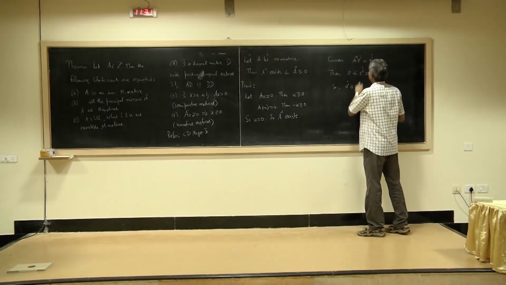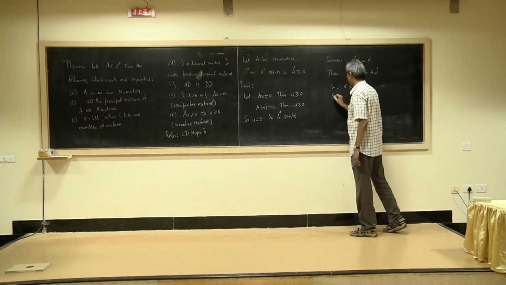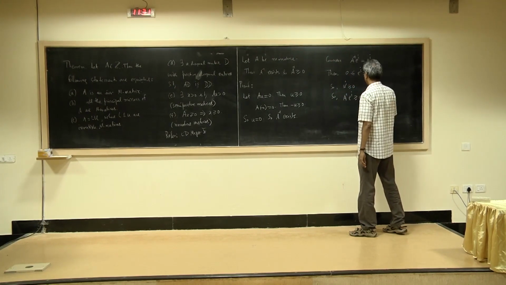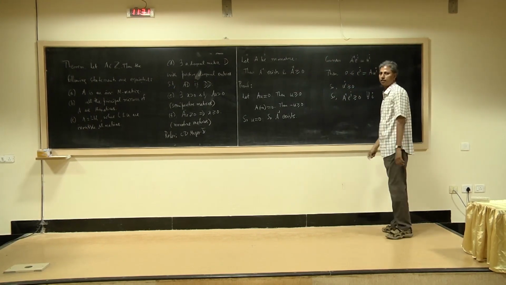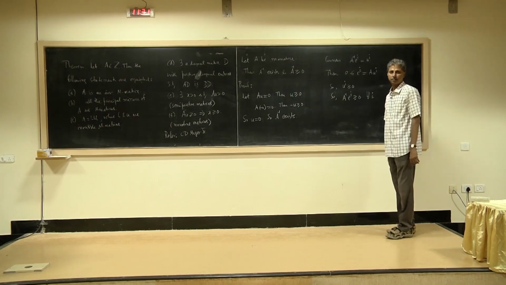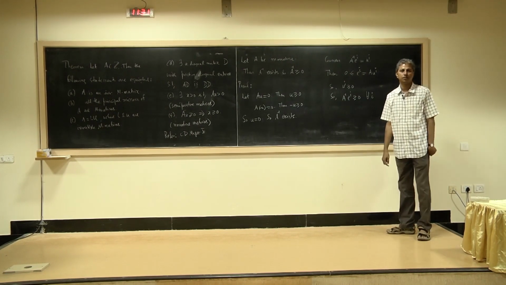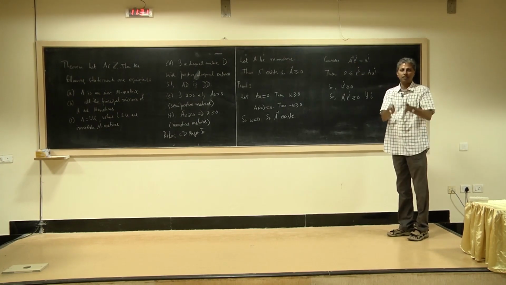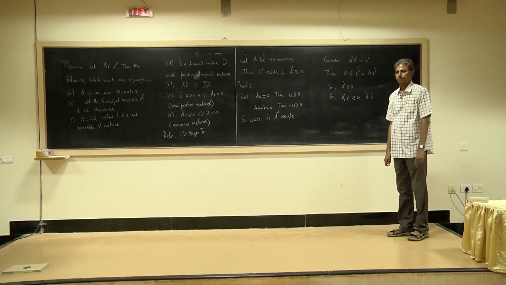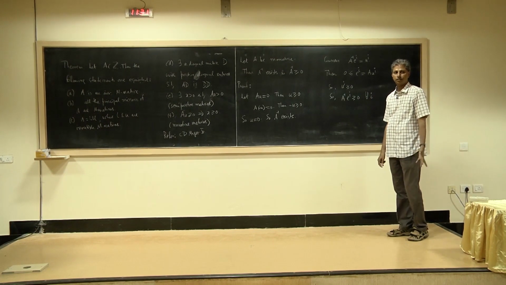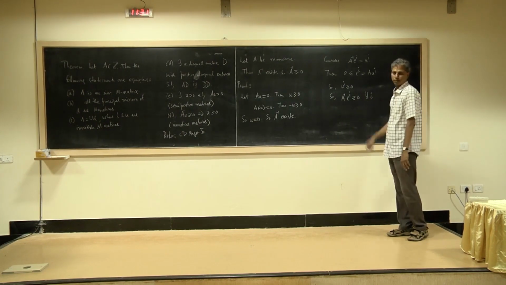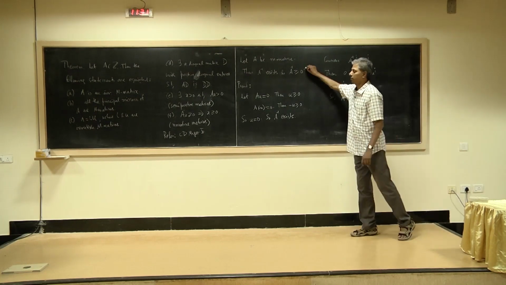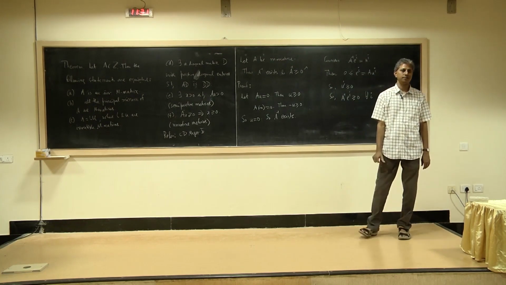So this A inverse e_i is non-negative for all i. e_i is the standard basis, standard notation. A inverse e_i is the ith column of A inverse. So we have shown that all the columns of A inverse are non-negative, and so A inverse is non-negative. No Z property.